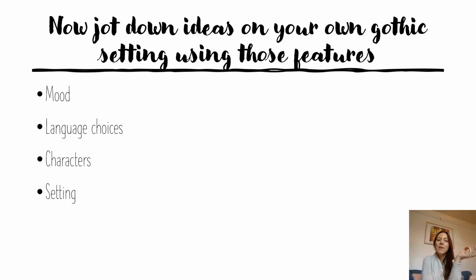I want you to have a think about some key language choices that you could use. So were there any in the extract that you just looked at where you think, actually, I like the idea of the shadows and the candles and the cold to bring my writing alive a little bit. Then you can think about your characters.